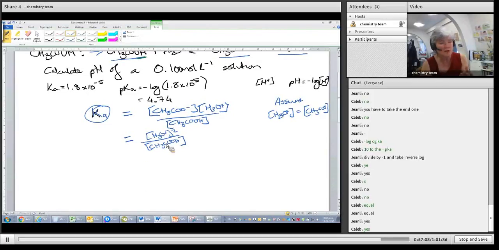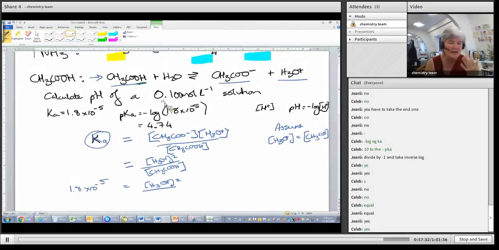I'm looking for the hydrogen ion concentration because I need to calculate the pH. And we are told what my ethanoic acid solution is. We are told it is 0.1. Now some of it has dissociated, but can we assume that because the Ka is pretty small, very little has dissociated? So really the amount of ethanoic acid in solution is still 0.1.